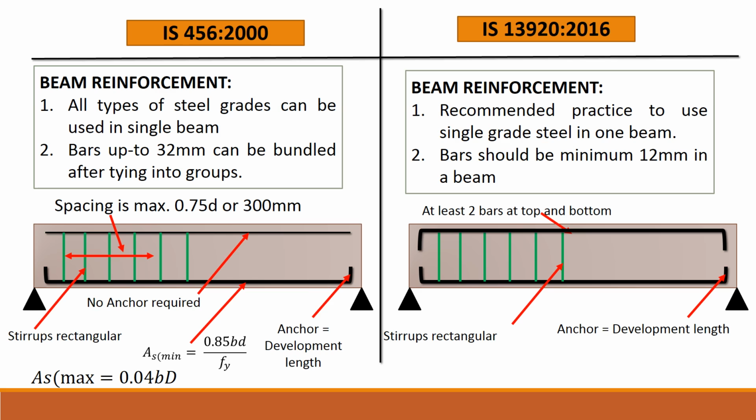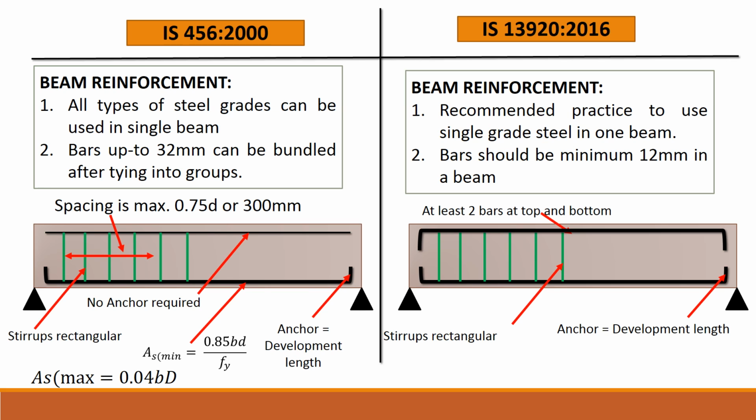Here, at support conditions, this beam reinforcement has to be taken into the column, and we will be showing that in the further discussions. So there has to be an extension of the tension as well as compression reinforcement from the beam into the columns, which are the supports at the ends of the beam.